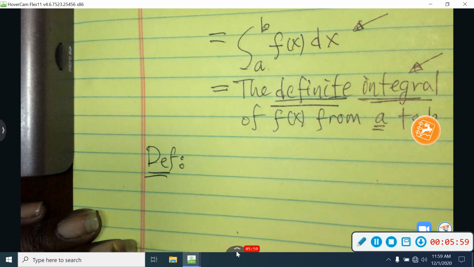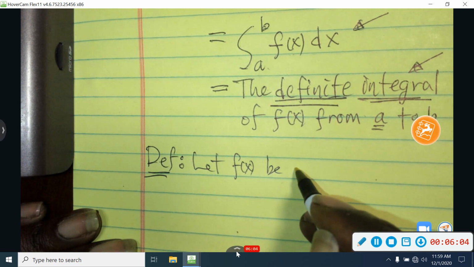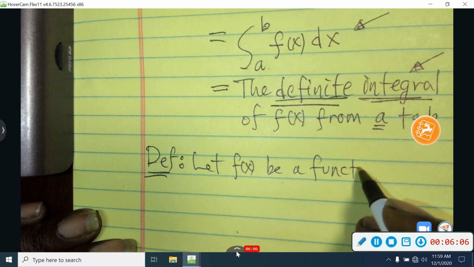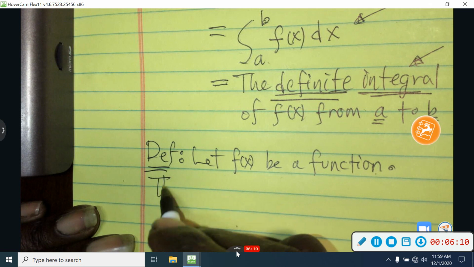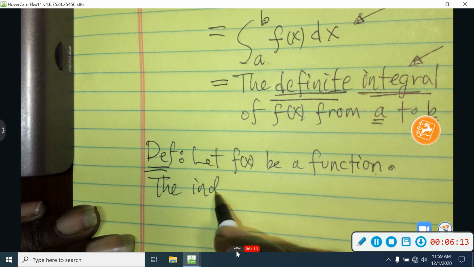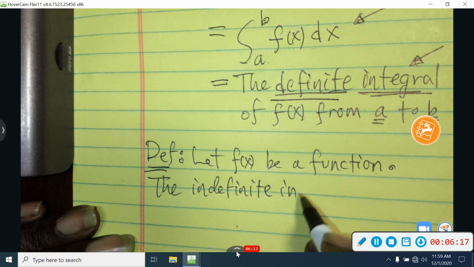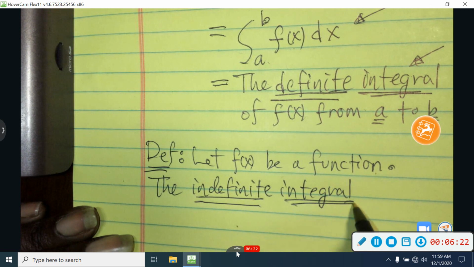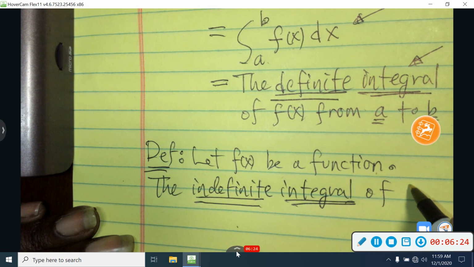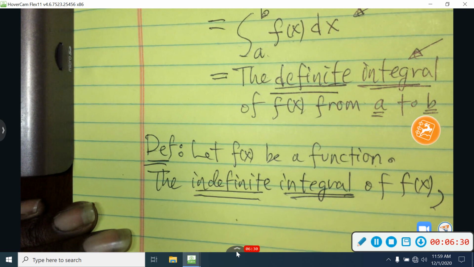This is a definition. Let f of x be a function. The what we call indefinite integral of f of x, let's attach a notation.